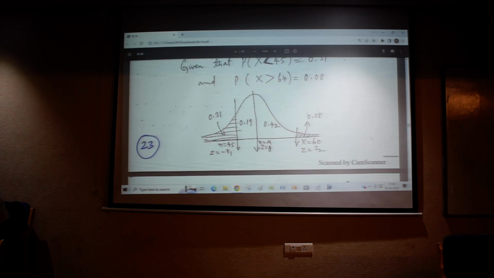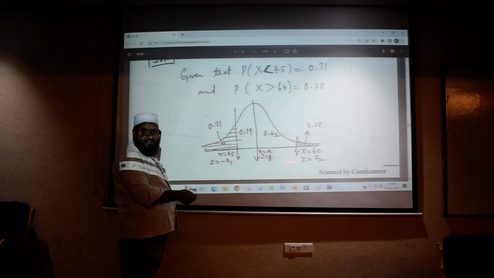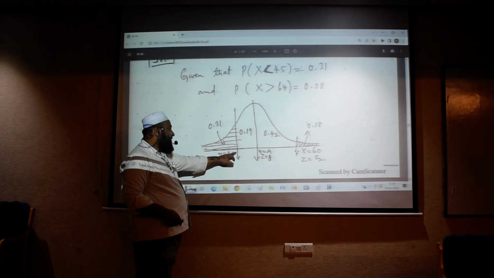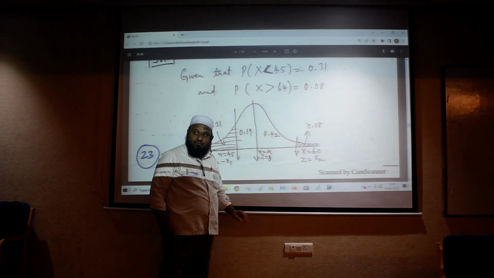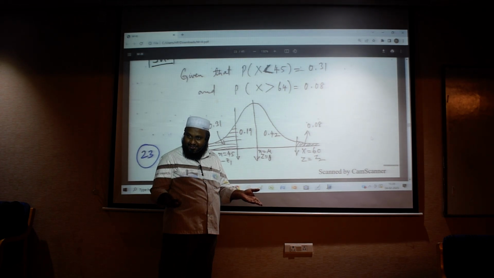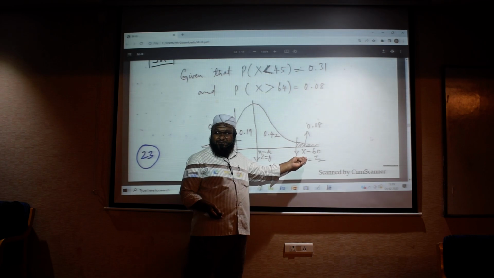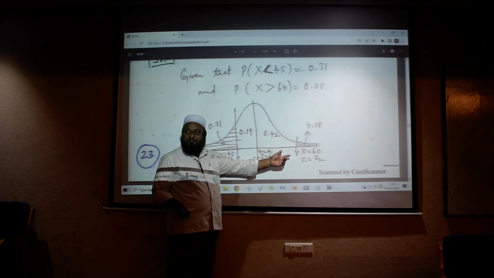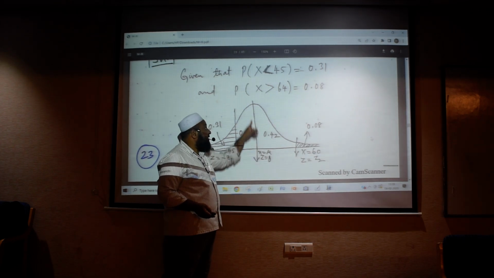Now you see the normal figure using these two. This is the given information, and we are drawing the figure now. This is 45 and this is 64. 45 will be lesser and 64 will be more, and some number in between 45 and 64 will be the mean.